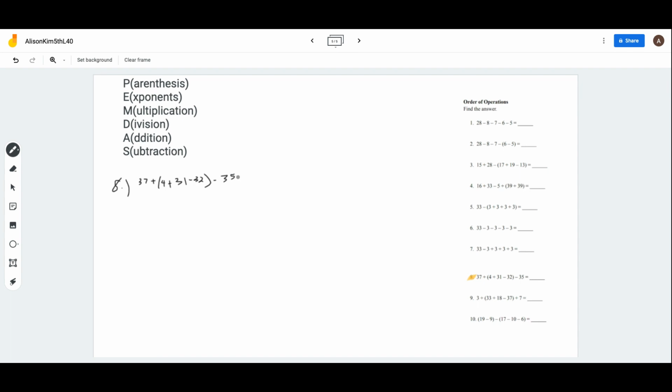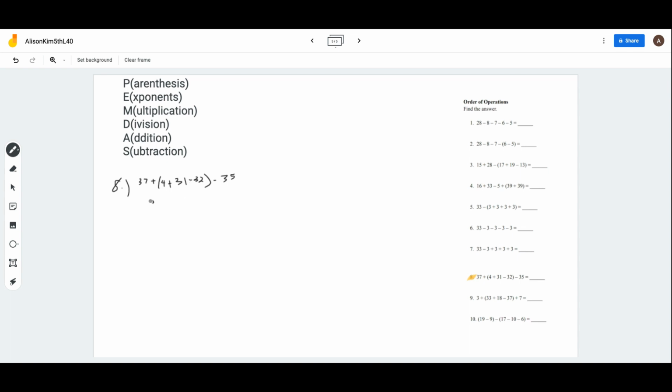I'm pretty sure that's a plus sign, yeah. And as we can see, it has parentheses, so we're going to do the things inside the parentheses first. And we have addition and subtraction. So we're going to add 4 plus 31 first, because it's in the PEMDAS order anyway. 4 plus 31 is 35. 35 minus 32 is 3.